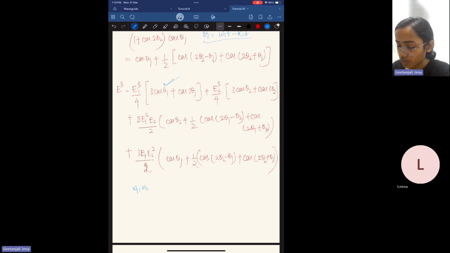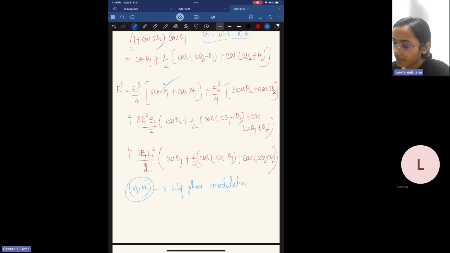This is also known as self phase modulation. We'll see it in detail in the next session. So this is omega 1 and omega 2. If it is generating the same frequency, we say this is self phase modulation.